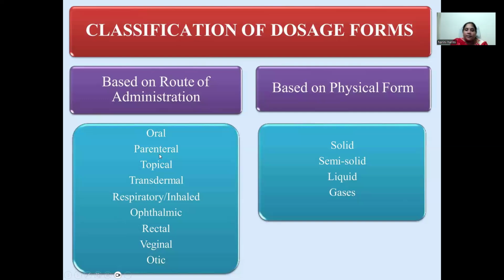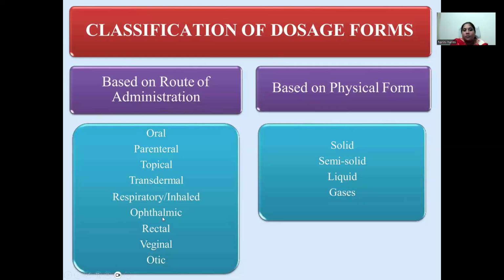Intravenous, the drug will be administered through the veins, and intramuscular through the muscles, which will be given on the hand and buttocks, etc. And topical, that medicaments will be administered on the surface of the skin, transdermal across the surfaces of the skin, and respiratory, it will be inhaled through the lungs.